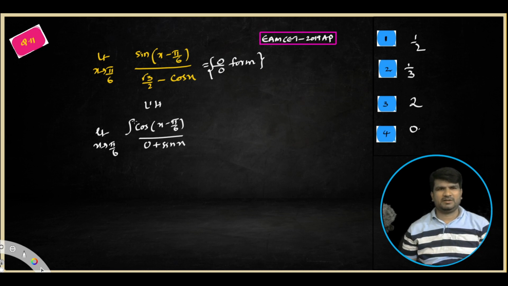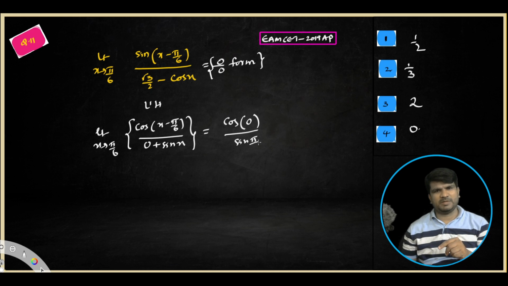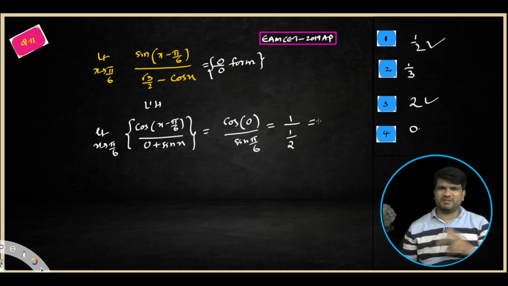Now if you apply the limit, x is pi by 6, so pi by 6 minus pi by 6 is 0, and cos 0 is 1. Sin pi by 6 means sin 30, which is 1 by 2. So 1 by (1 by 2) is 2. So the third option is the right option.